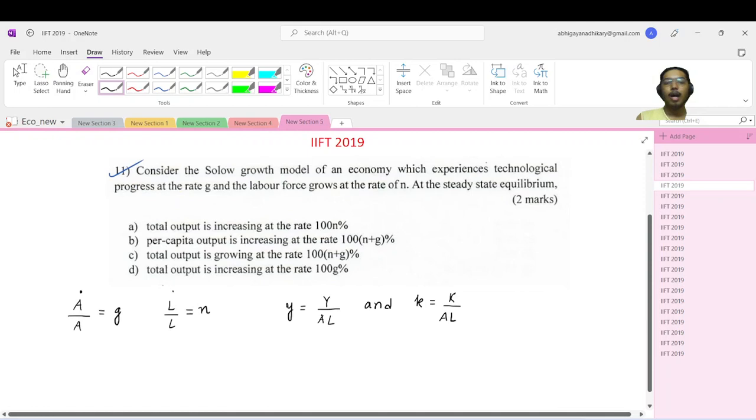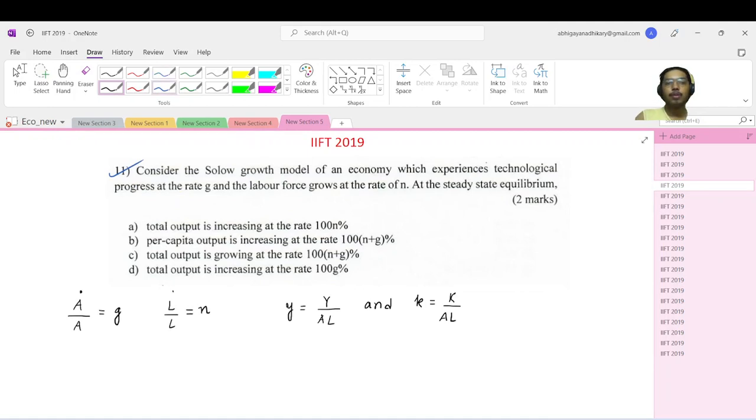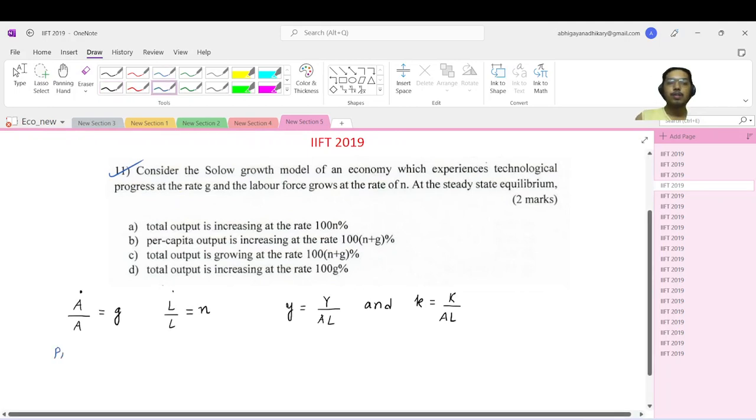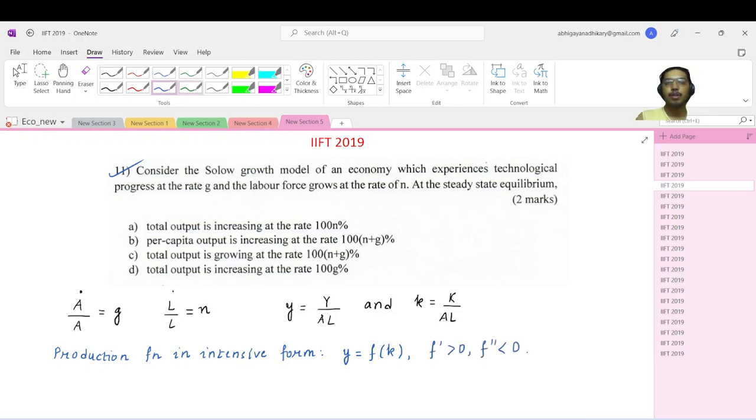I hope you remember that, and how the production function in intensive form was defined as y equals f of small k, where f prime is positive and f double prime is negative, right?